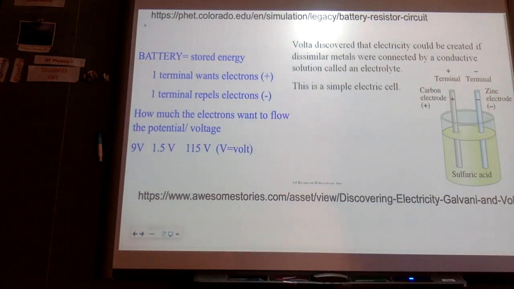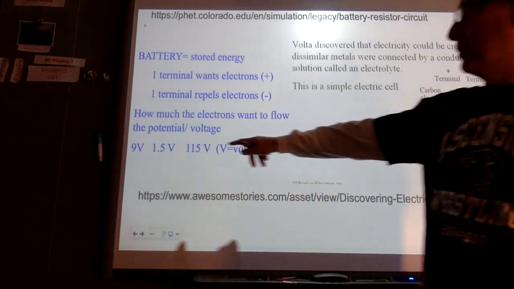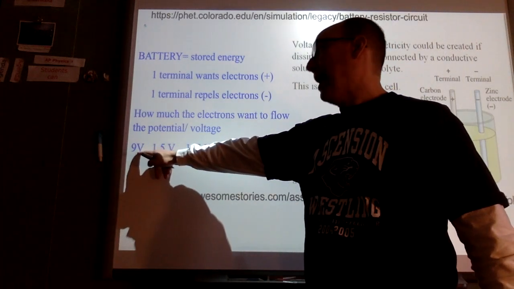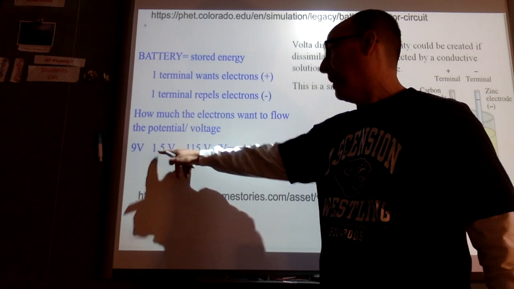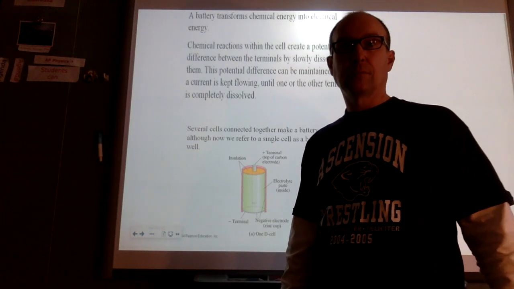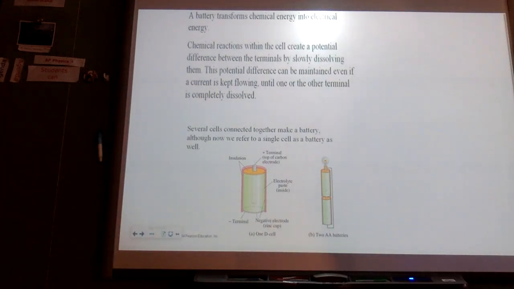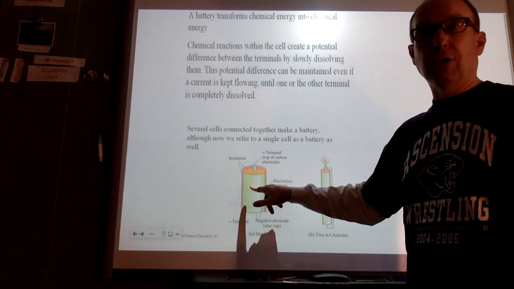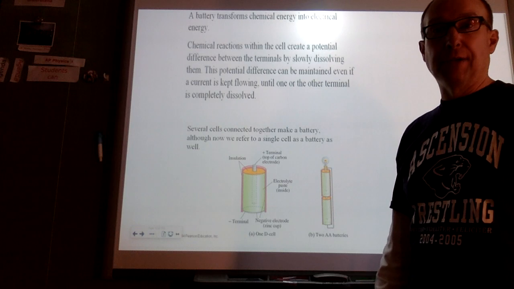And that's what the battery does. How much it pushes is a measure of its voltage. So a 9-volt battery is going to push more than a 1.5 volt, and plugging something into the wall is going to push it even more. So a battery stores chemical energy that's turned into electrical energy.